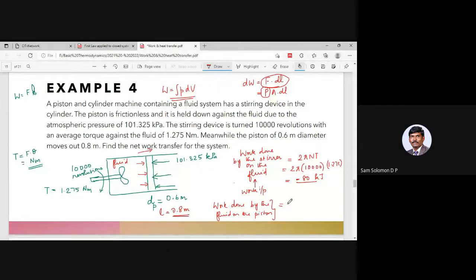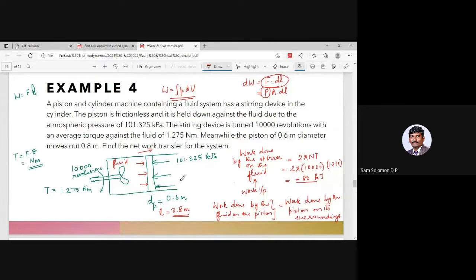So this can be written in two terms. One is work done by the fluid on the piston, or you can say work done by the piston on its surroundings. You can say it in two ways. The fluid is doing work on the piston, or you can say the piston is doing work on the surrounding atmospheric air.